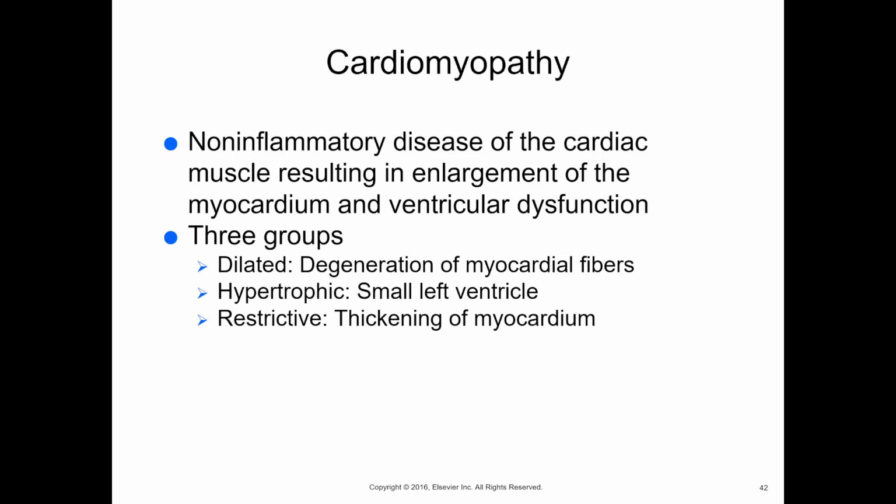Hypertrophic cardiomyopathy is typically genetic and is often deemed idiopathic, meaning we don't understand why it happens. And then restrictive cardiomyopathy is a rare condition that occurs when an infiltrative process of the heart causes fibrosis. So the heart wall actually thickens and stiffens.